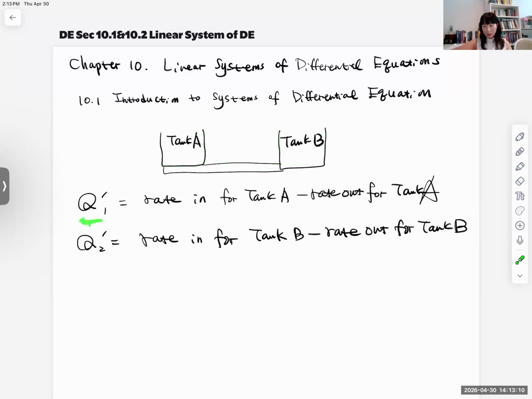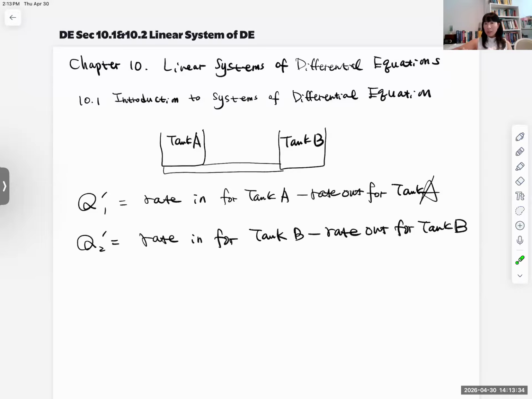Then we set Q sub 1 prime equal to rate in for tank A, and we take away rate out for tank A. And then we have Q sub 2 prime equal to rate in for tank B, and we take away rate out for tank B.